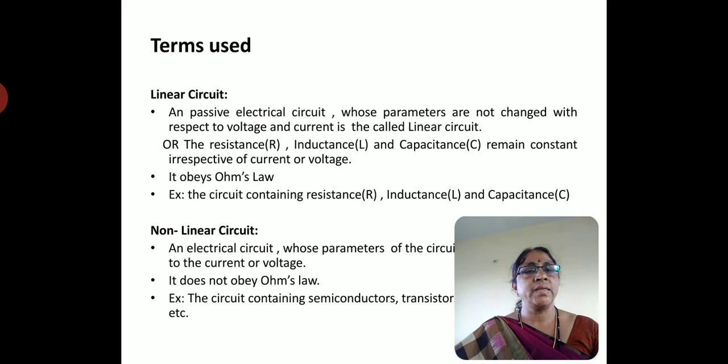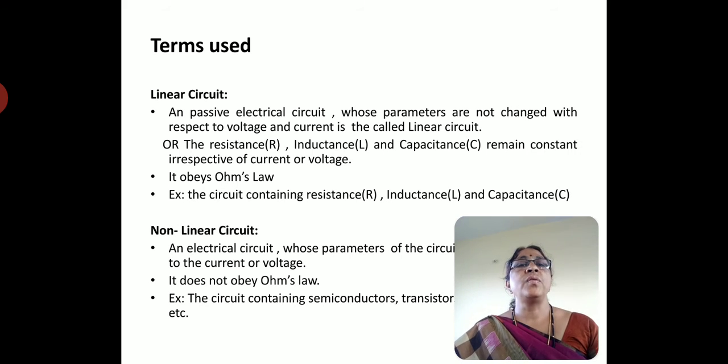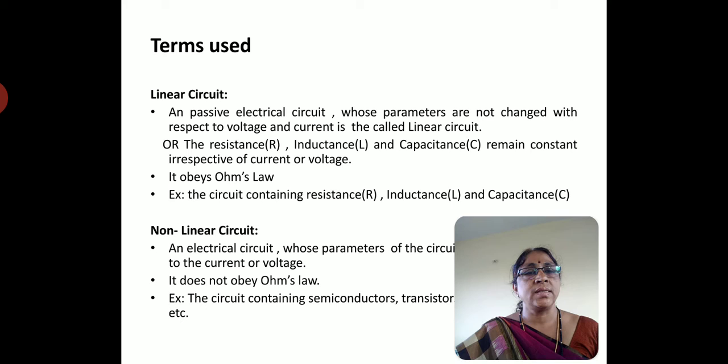That is, the resistance, capacitance and inductance are not changed with the current and the voltage. That's why it obeys Ohm's law. Therefore, a circuit containing resistors, capacitors and inductors is a linear circuit.